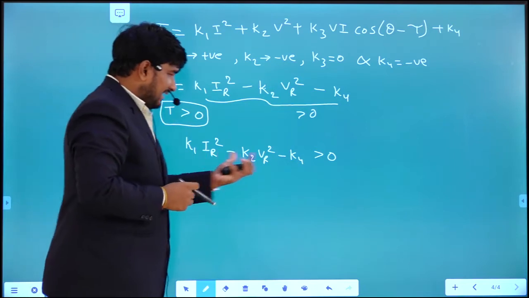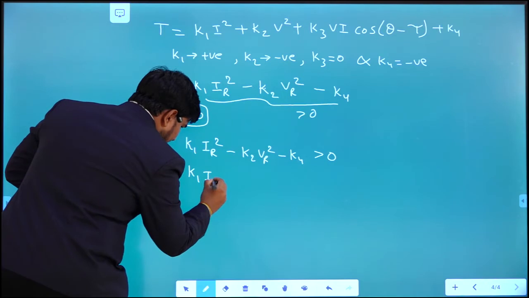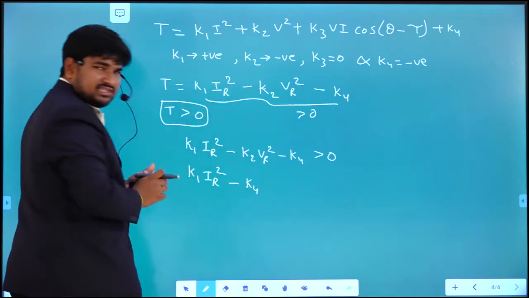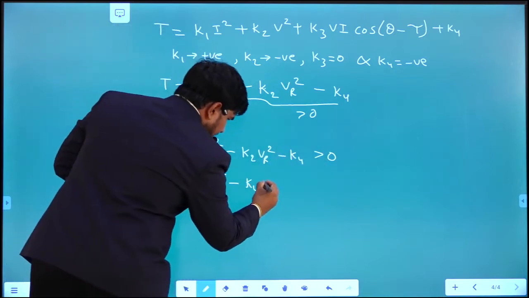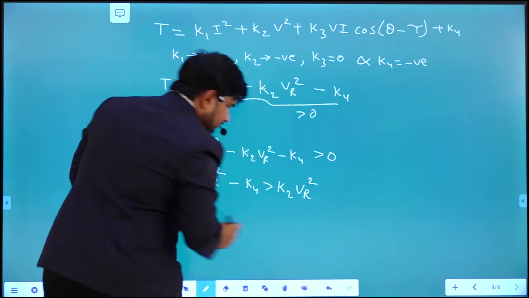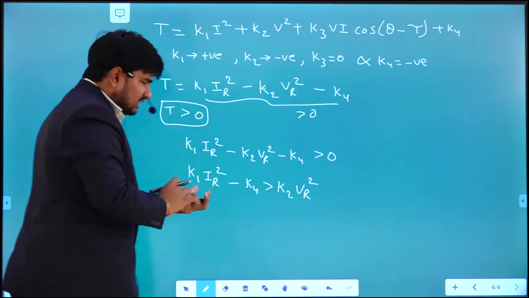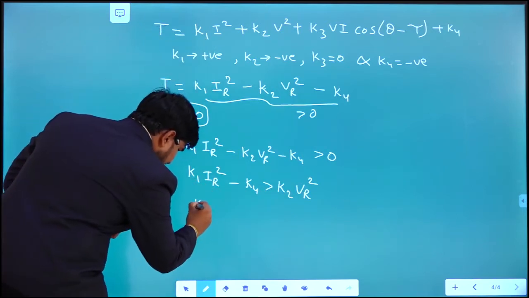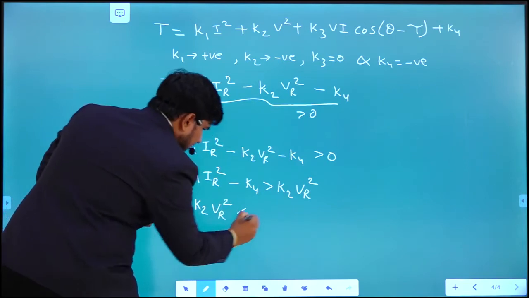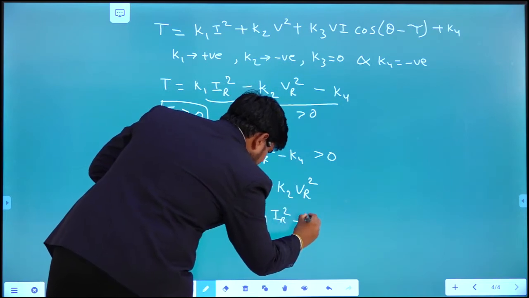Now by rearranging some terms, moving this term to that side, K2 VR square is less than K1 into IR square minus K4.